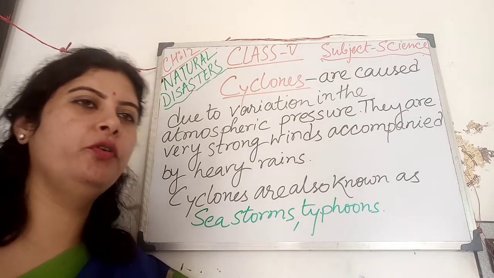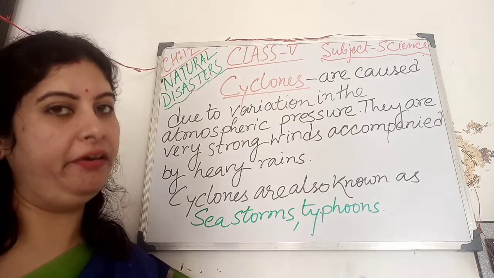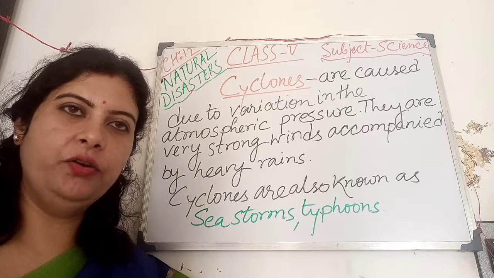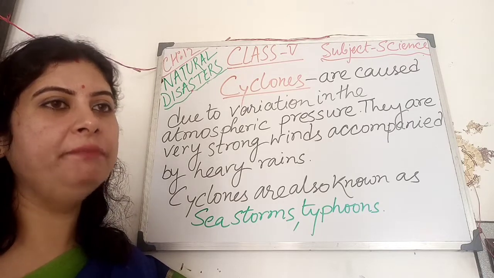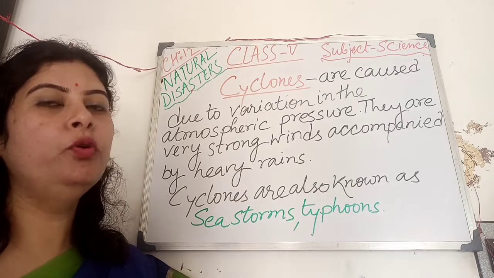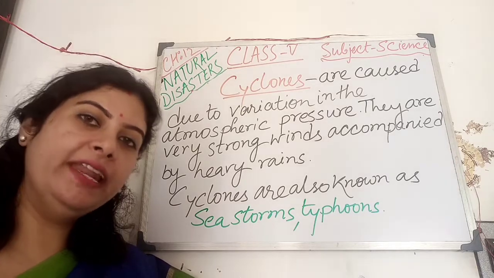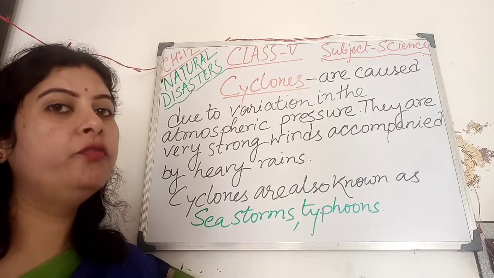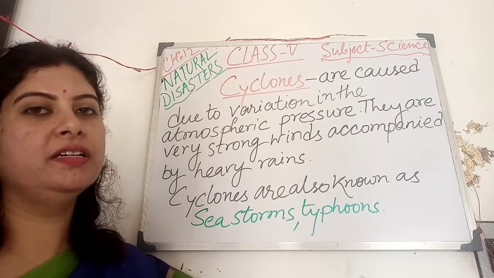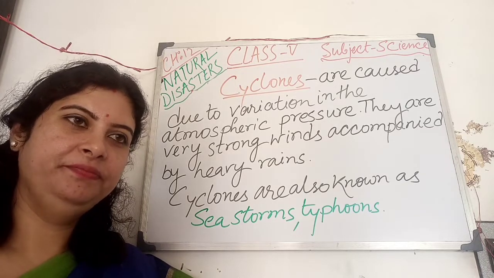Advanced weather forecasts can make people aware of the cyclone. This will give them time to move to a safer place. Make advanced arrangements for food, clothes, water, and medicines.